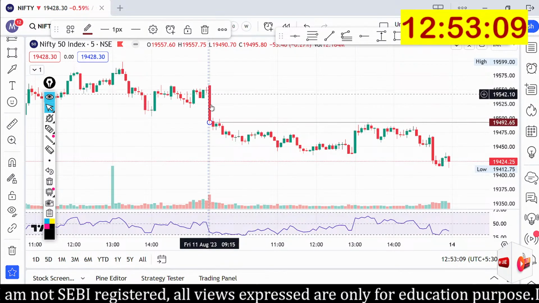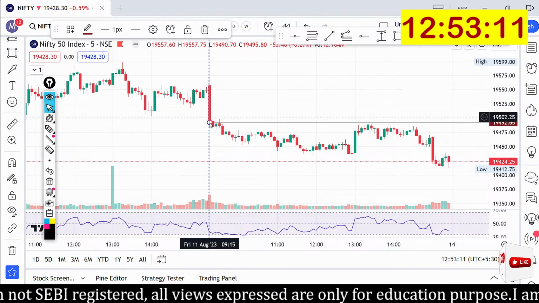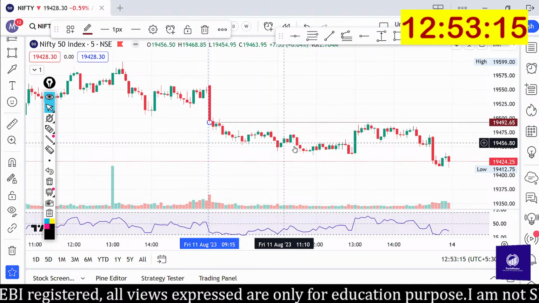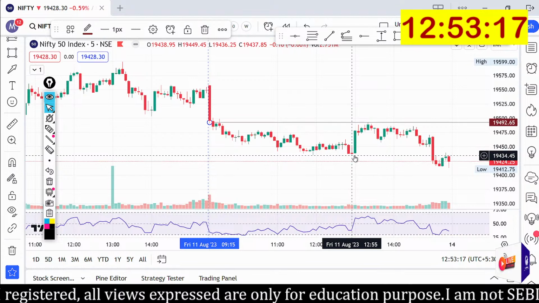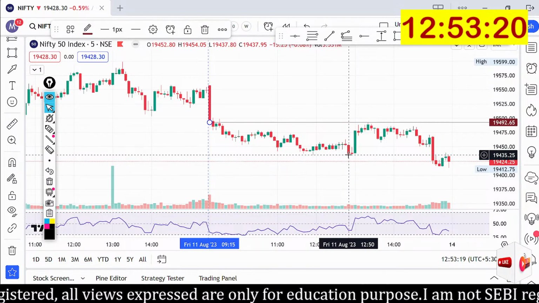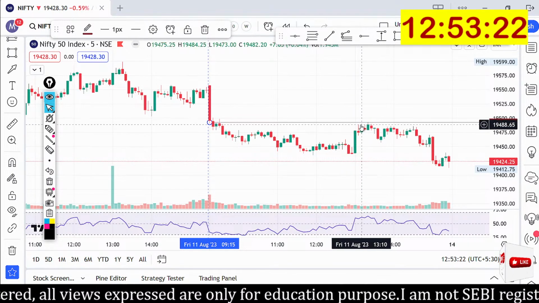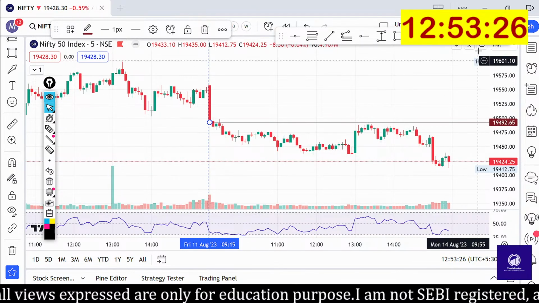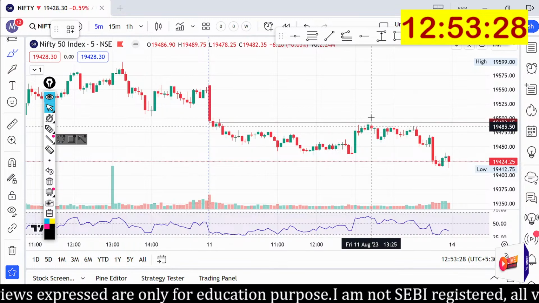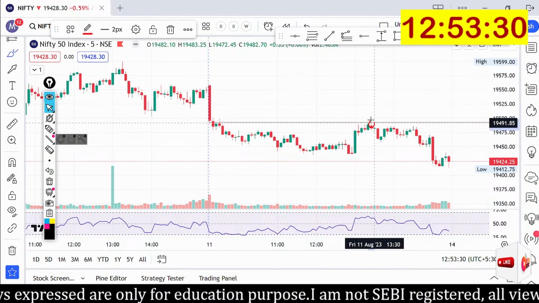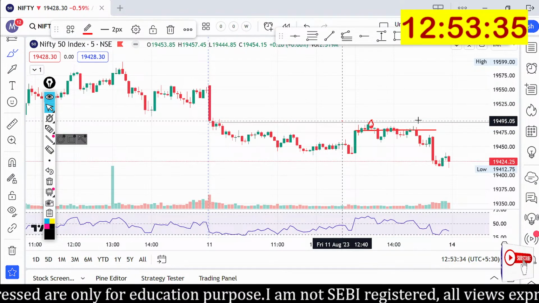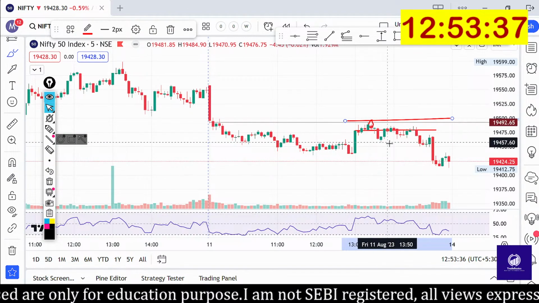Sellers positions, strong selling, market fallen, recovery happened, some kind of support was built up here, right? This one was a support area. What happened? Again, one resistance gave us a very good trade.